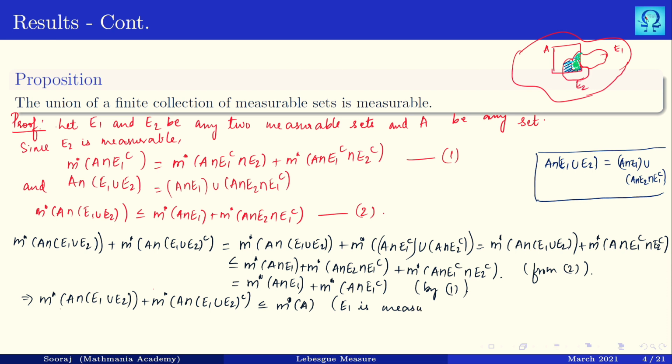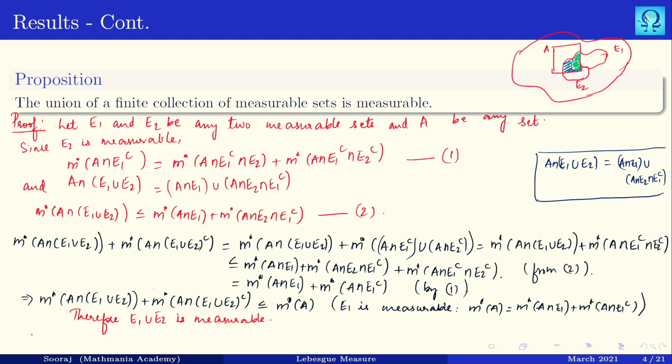Here I am making use of the measurability of E1, which means m star of A equals m star of A intersection E1 plus m star of A intersection E1 complement. So I am just making use of the measurability on A and I get this quantity. So this is the actual inequality that we need, right? So this proves E1 union E2 is measurable.